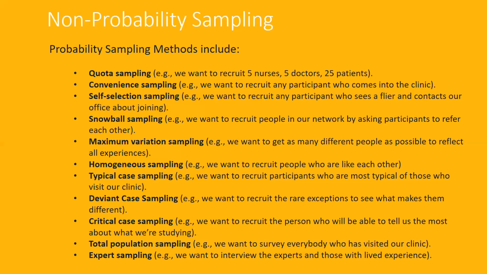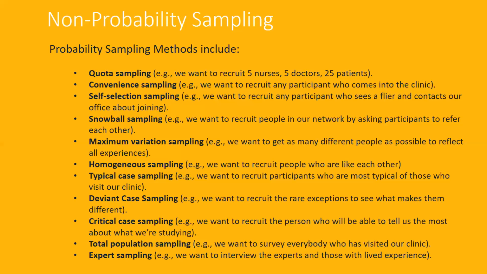If you're, for instance, doing qualitative interviews to improve your clinic's customer service, and one of the areas identified is booking appointments, maybe you talk to the scheduler or the receptionist, and that person is the critical case because they're the person who really has the information that you want to know.